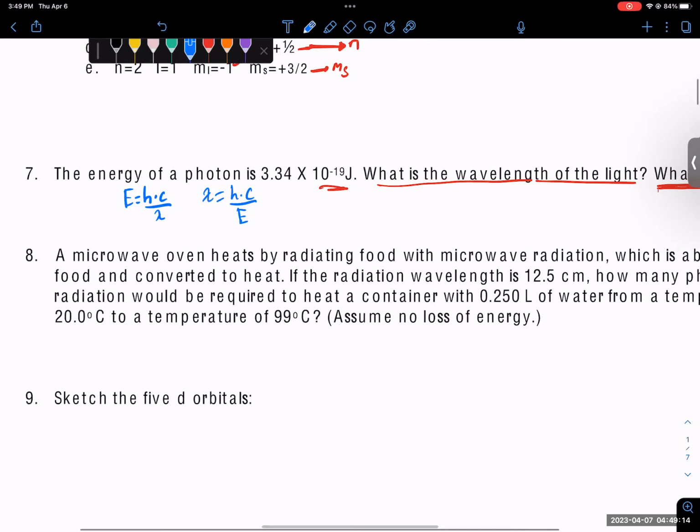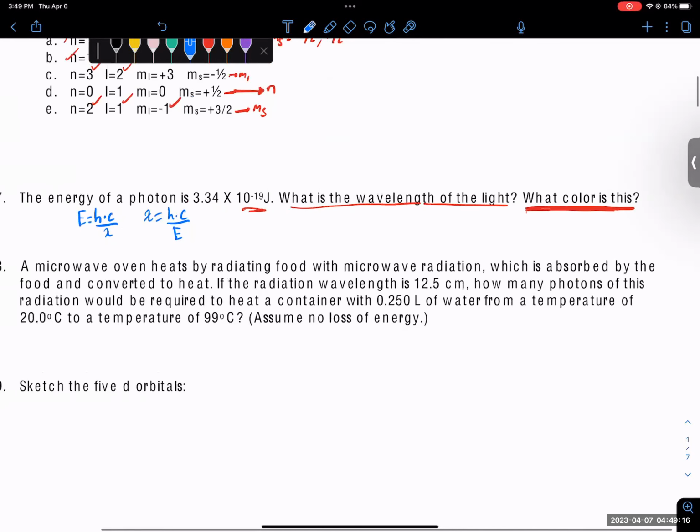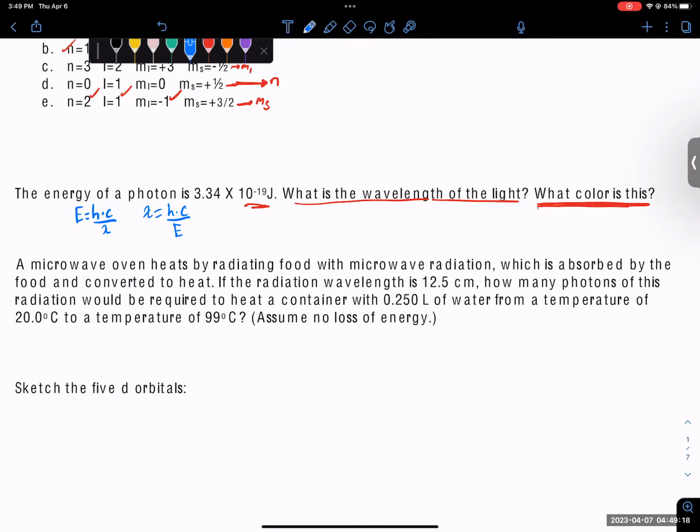So we can go ahead and plug all our stuff in because we have everything we need in the correct units. So Planck's constant, 6.626 times 10 to the negative 34. Speed of light, 2.998 times 10 to the 8. And this is all over our energy, which is 3.34 times 10 to the negative 19.